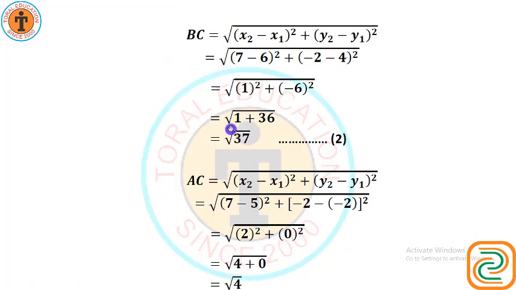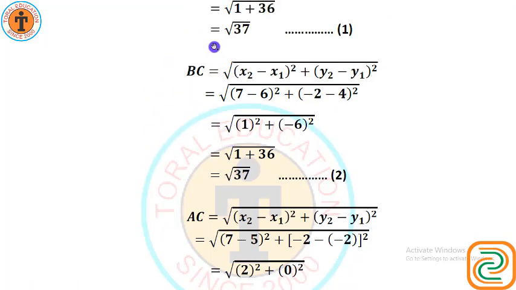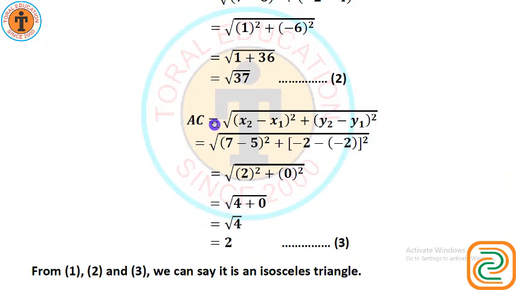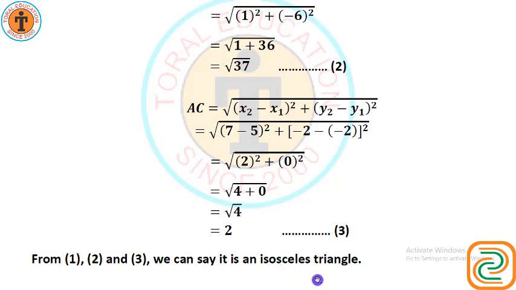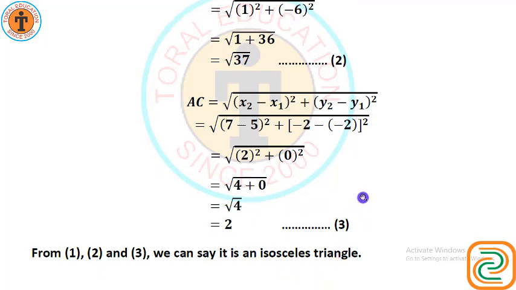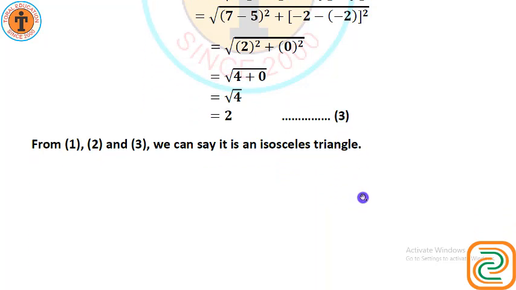Here we can say AB equals BC and is not equal to AC. From 1, 2 and 3 we can say it is an isosceles triangle. Two sides of the triangle are equal.